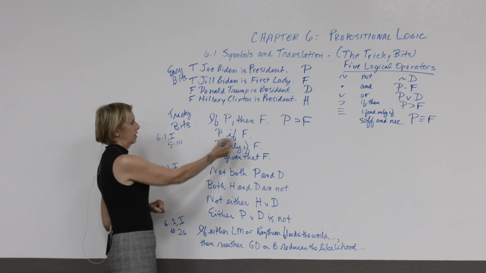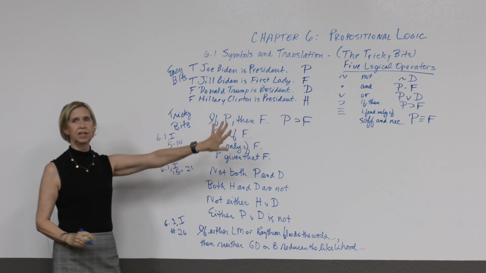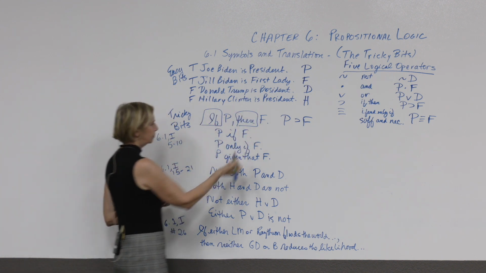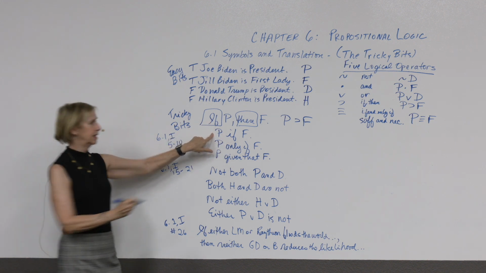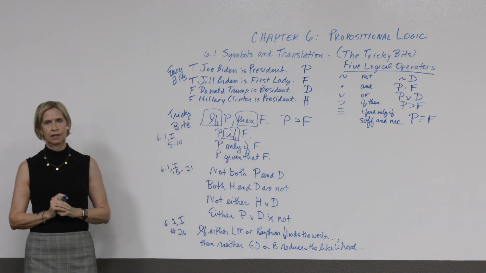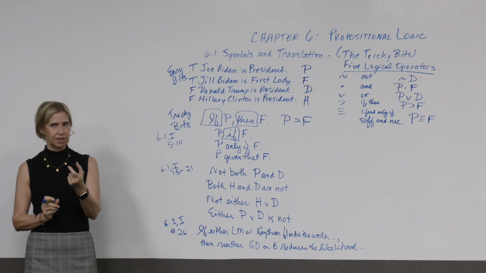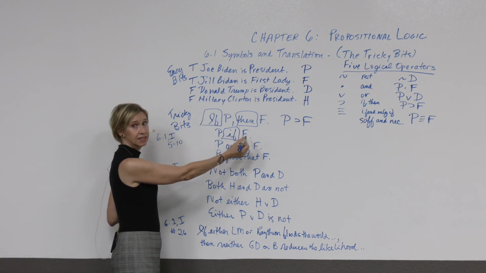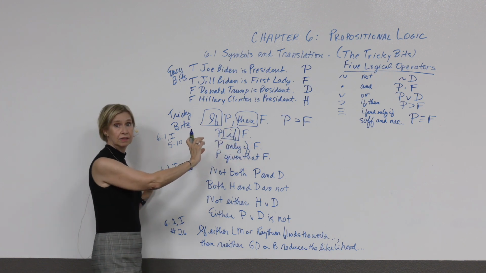Now, here's something that typically happens. Sometimes people, instead of putting it in the traditional if-then format, will say something like this: Biden is president if Jill Biden is first lady. When you have an "if" by itself in the middle of a statement, you have to remember that "if" introduces the sufficient condition, so it has to be flipped around, right?